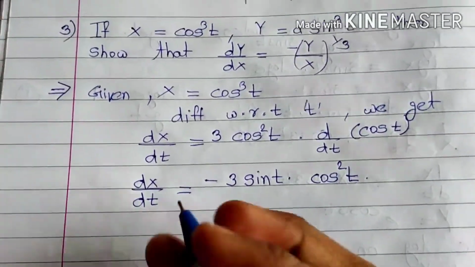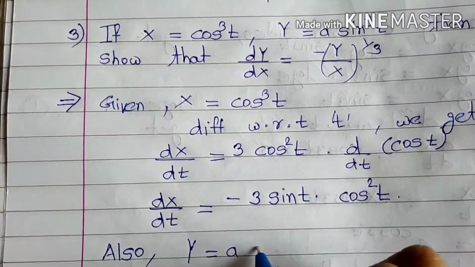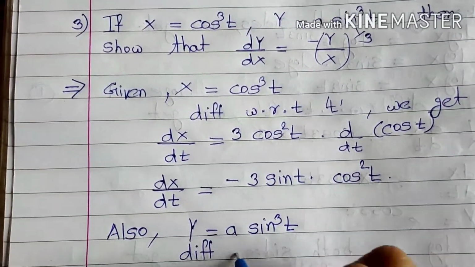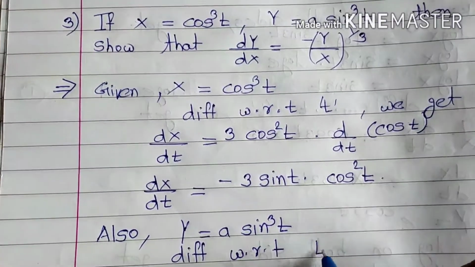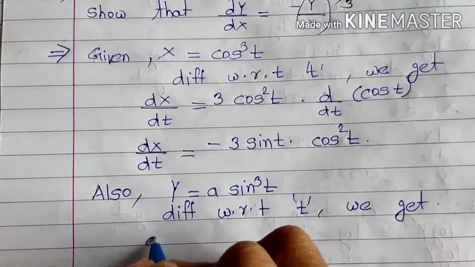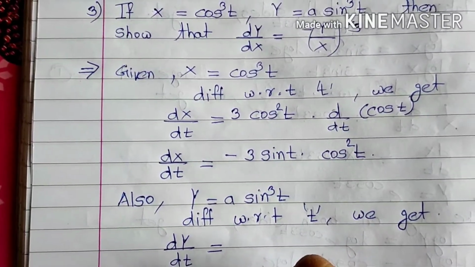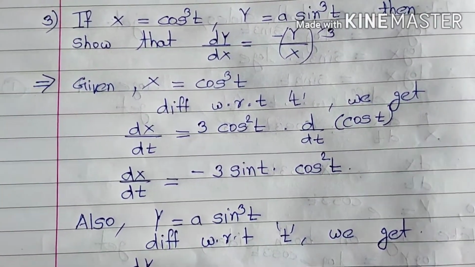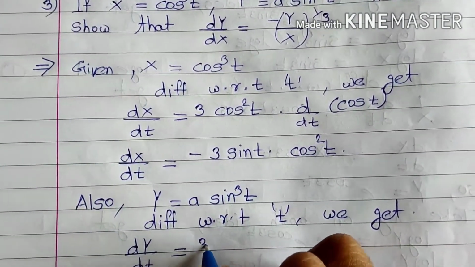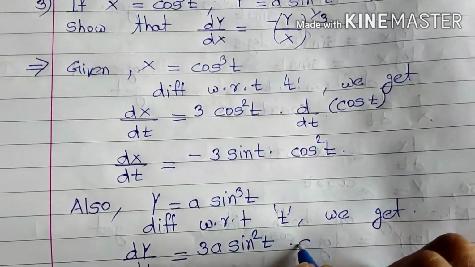Next, also y is equal to a sin cube t. Also differentiate with respect to t. We get dy upon dt is equal to 3a sin square t and differentiation of this sin t.